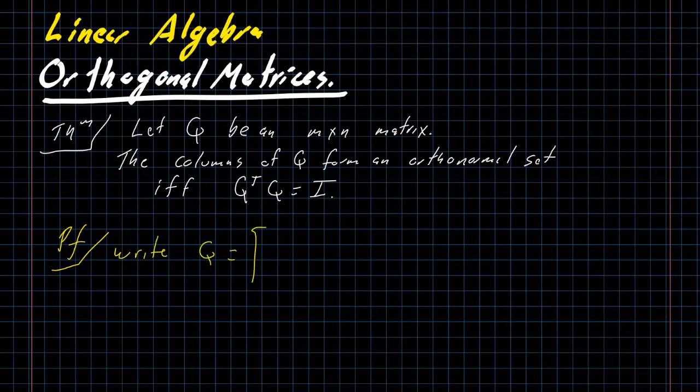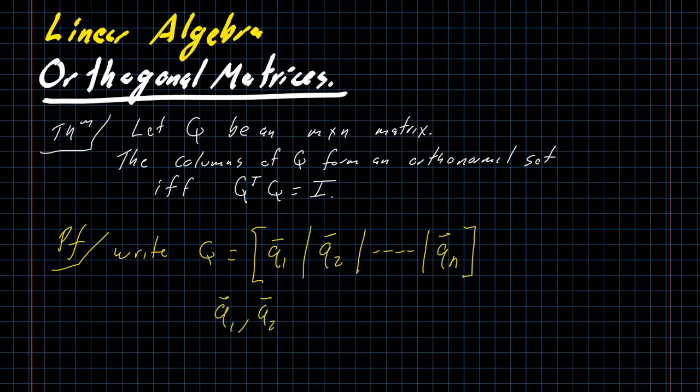Let's write Q as a matrix formed by column vectors, little q1, little q2, all the way down to little qn. It's an m by n matrix, so it has n columns. Each of the columns has m rows, so each of q1, q2, down through to qn are vectors in R^m.